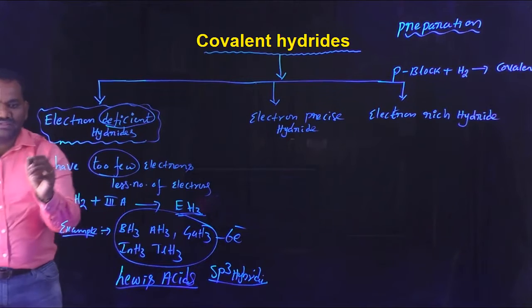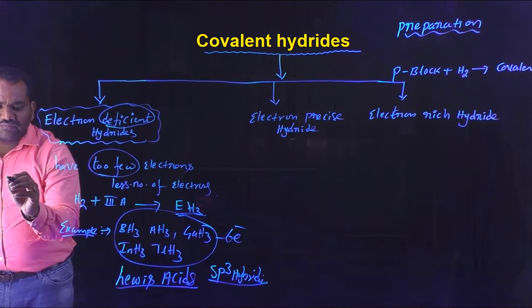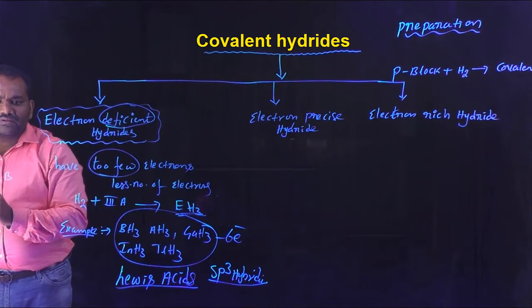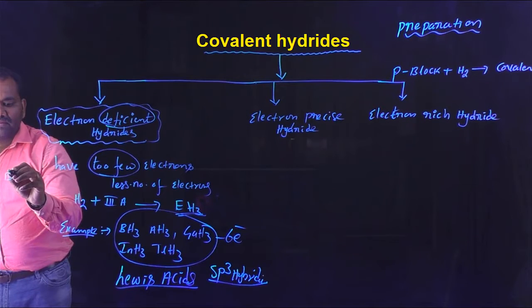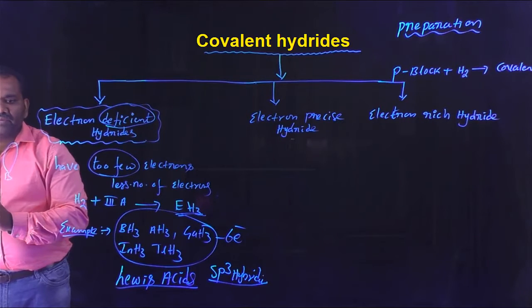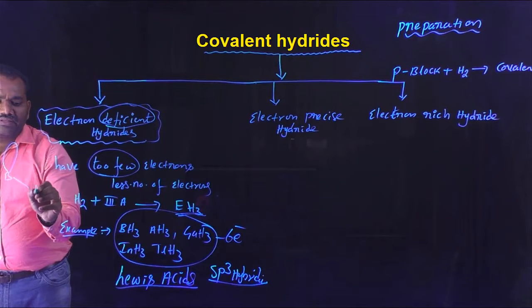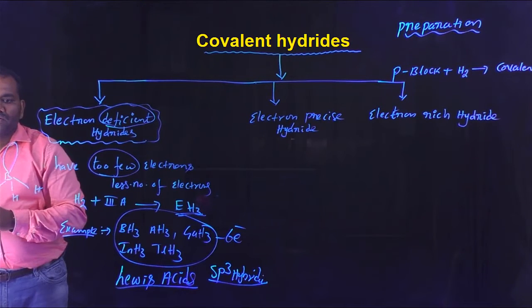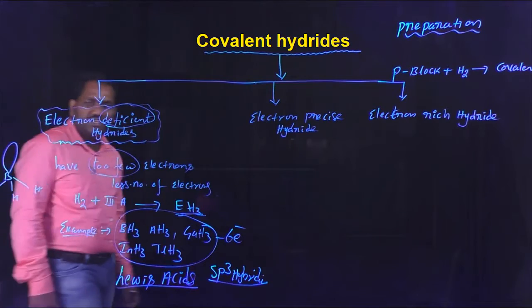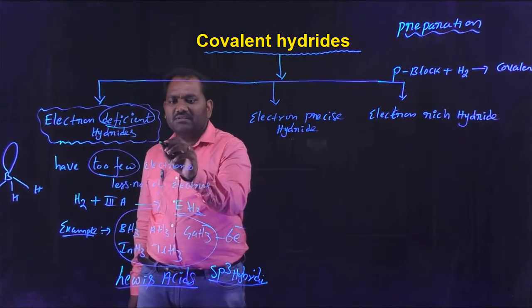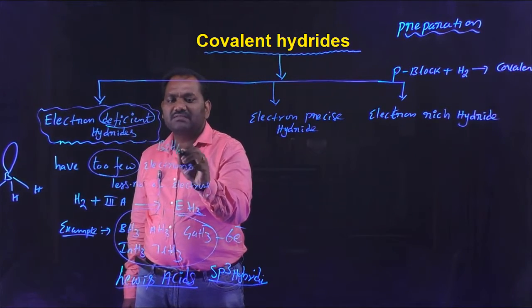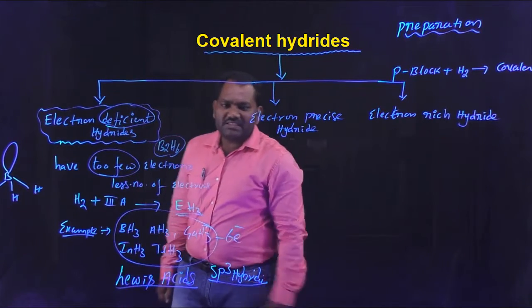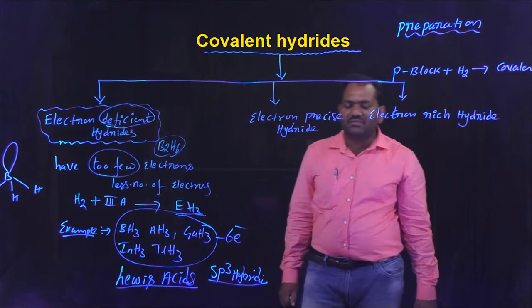For example, if this is B, this B has one empty orbital and the remaining 3 bonds exist like this. In the case of diborane, the best example is B2H6. All these are examples of Lewis acids.